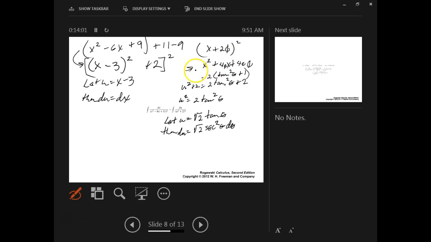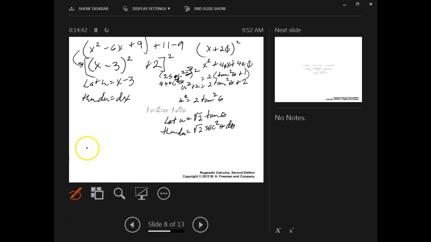So this is 2 secant squared theta. But we've got that thing squared, u squared plus 2 squared. So that's going to be 4 secant fourth theta. When you square 2 secant squared theta, you get 4 secant fourth theta.